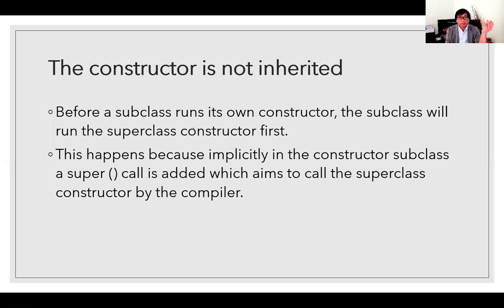Before a subclass runs its own constructor, it will run the superclass constructor first. This is the basic rule of the Java compiler. This happens because of the implicit super call added to the constructor, which calls the superclass constructor by the compiler.